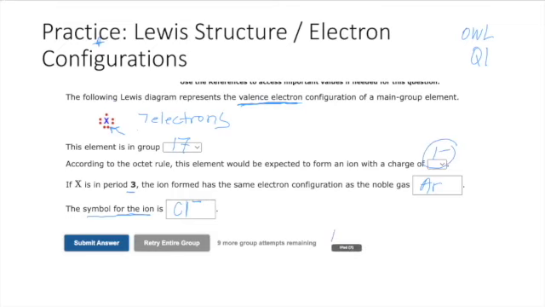If yours was sodium, you'd put Na+. If yours was magnesium, for this spot you'd put Mg 2+. So it's asking you for whatever your element is, the symbol, and then whatever common ion it forms. I don't love that question. It honestly took me a minute to figure out what they were asking when I was going through the questions myself.